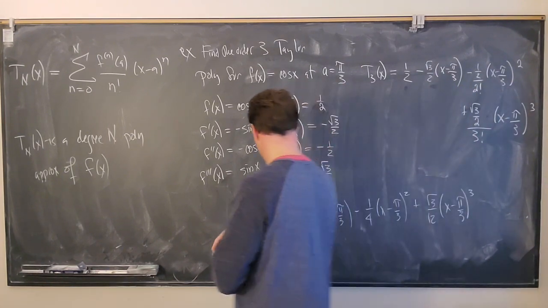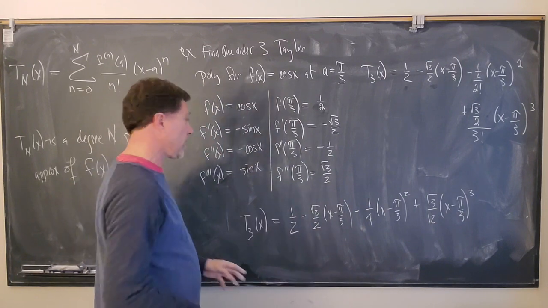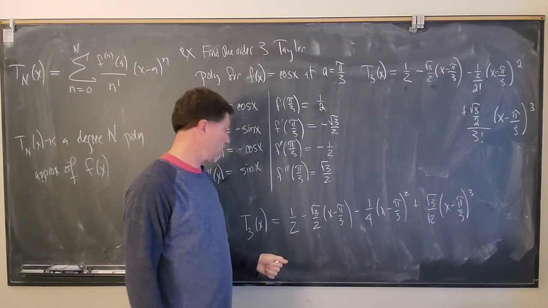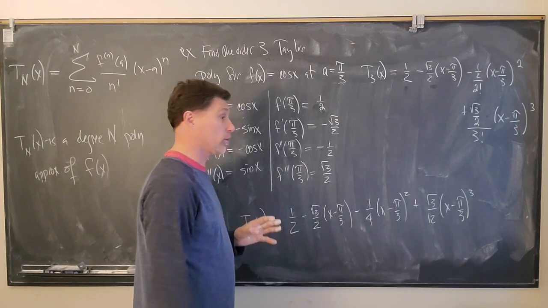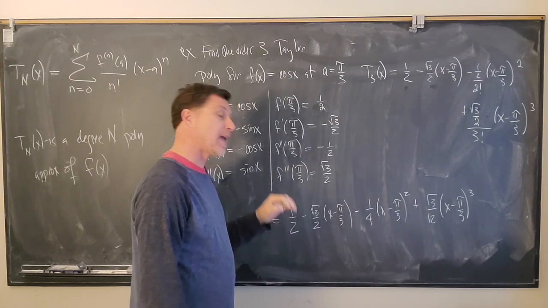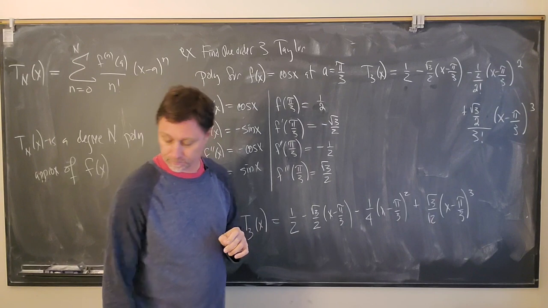So in cleaned up form, here is the order 3 Taylor polynomial at pi over 3.